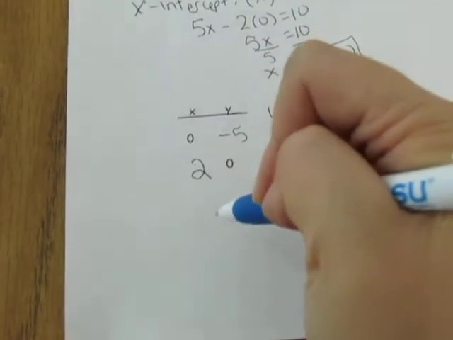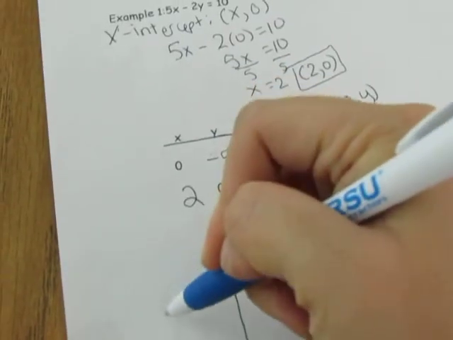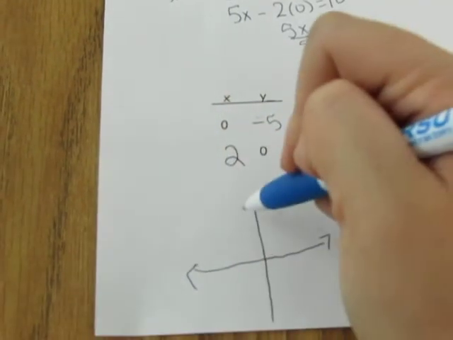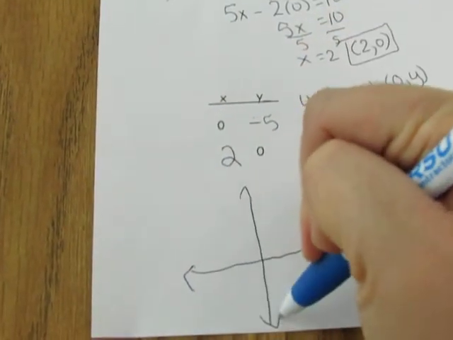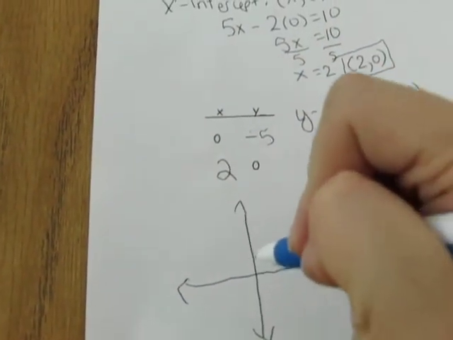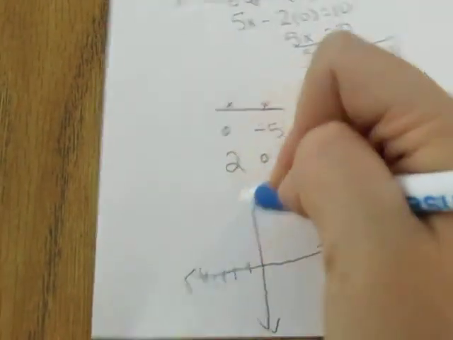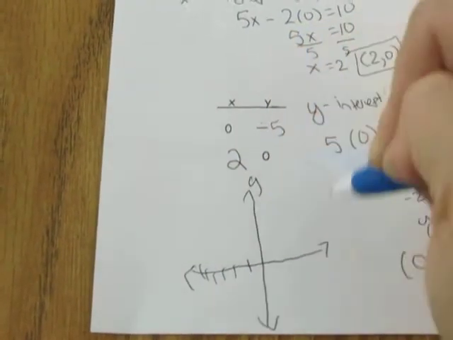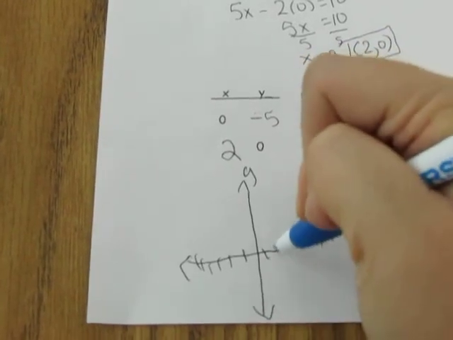Now all I have to do is graph it. I'm going to draw my graph, and of course it's kind of sloppy. I'm going to first make in my points. This will be my y-axis, this will be my x-axis.